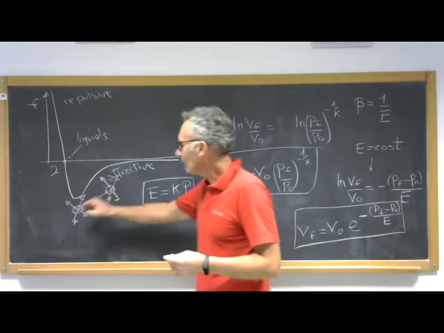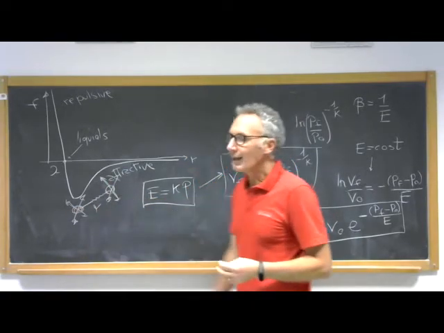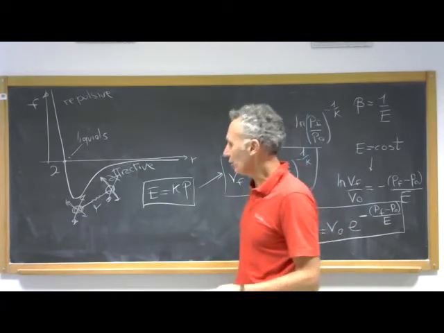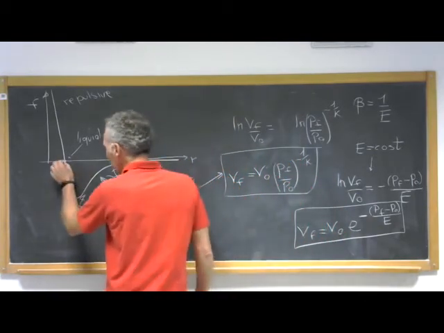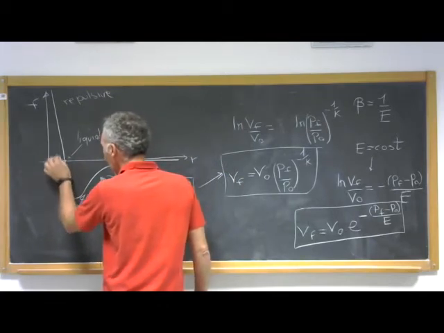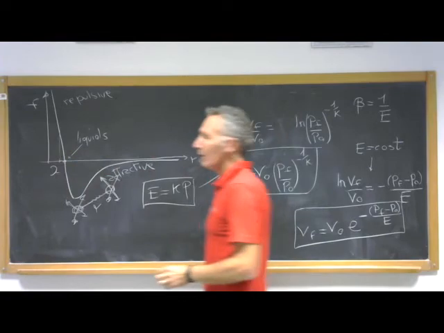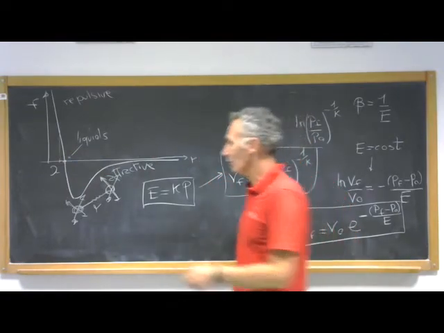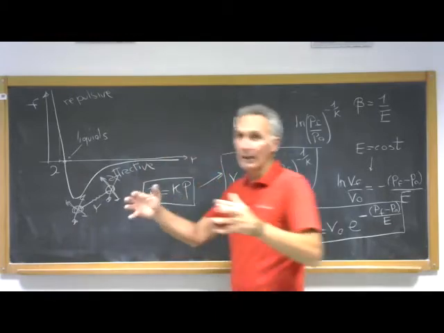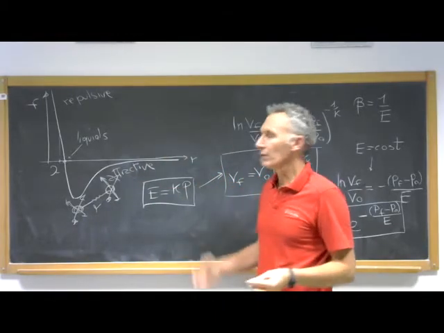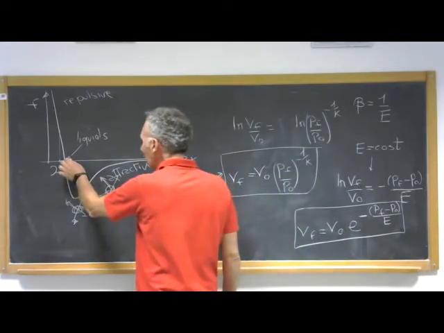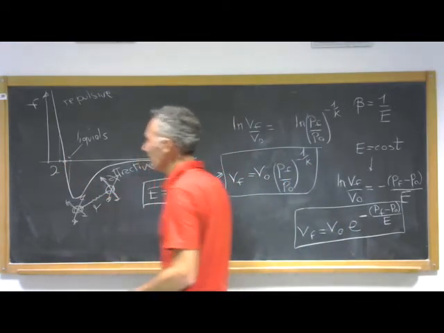So I'm trying to decrease their average distance. So when I diminish their average distance, in fact, I'm moving in this direction, and immediately I have repulsive forces that generate. On the other hand, if I tried to expand, the same number of molecules would tend to occupy a larger volume, so their average distance would increase.